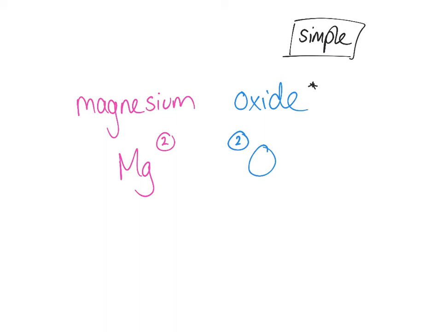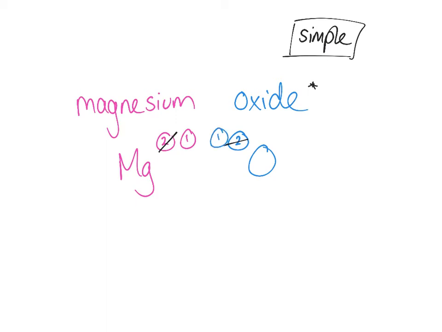What I ask myself at this point is, can I cancel down those valencies? Is there a number that I can divide both of those numbers by to make this a simpler ratio? The ratio at the minute is 2 to 2. If I divide those both by 2, I get a ratio of 1 to 1.